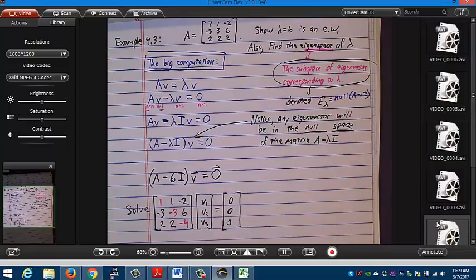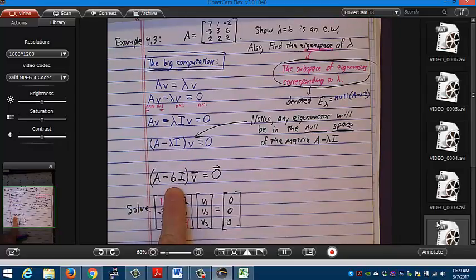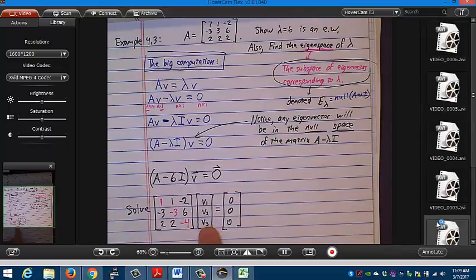Because it's homogeneous, and so it has the trivial solution automatically. And that's the thing, guys. I don't care what you put in here, it doesn't have to be an eigenvalue. You can put any number you want, it has the trivial solution. Eigenvalues are the numbers that you put in, and this has non-trivial solutions also. It'll have a whole subspace of solutions.